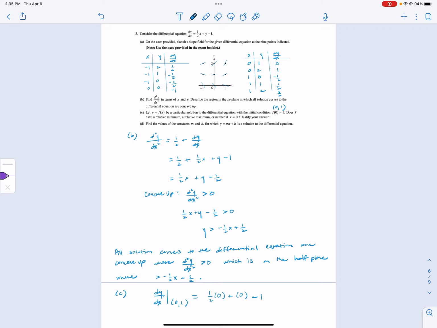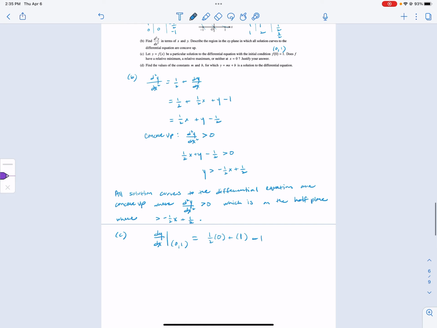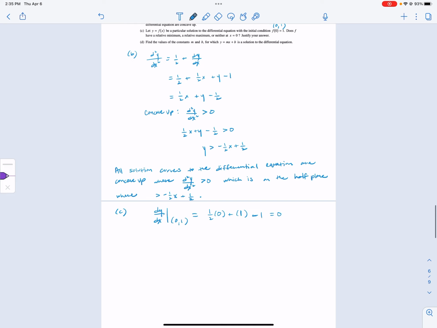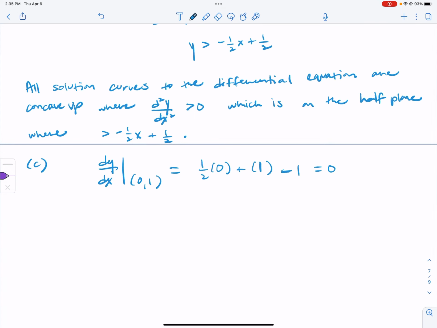Oh, sorry, I should have plugged 1 in for y. So we do get 0. That means that (0, 1) is a critical point, which means it is potentially a relative maximum or minimum. So let's see when we evaluate the second derivative at (0, 1), do we get a positive value or a negative value?